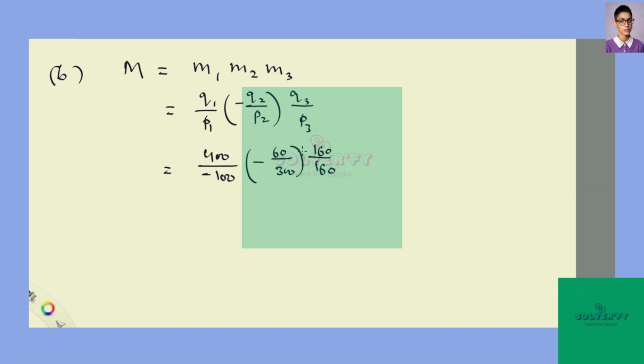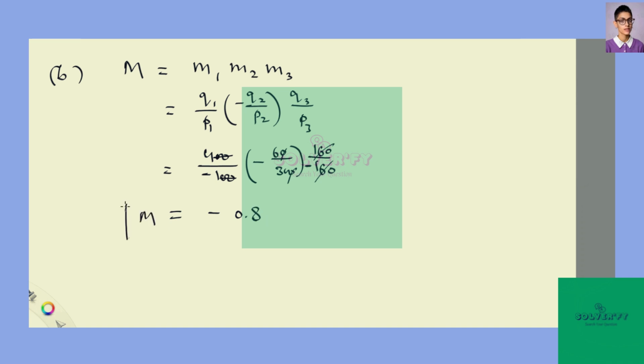But p3 was minus 160 for the lens in the third case. So this is negative here, and the signs cancel. The zeros got cancelled, and finally it becomes minus 0.8.